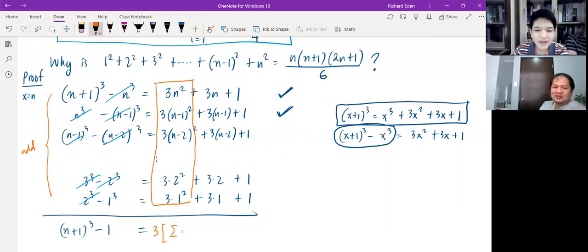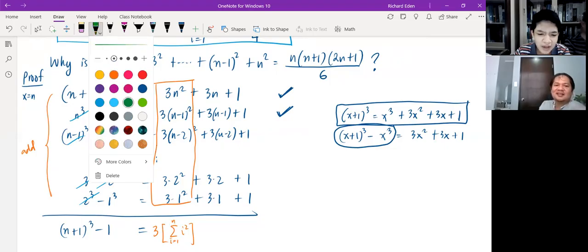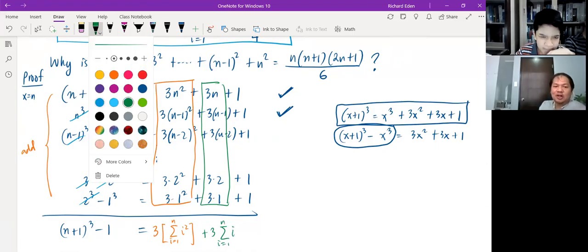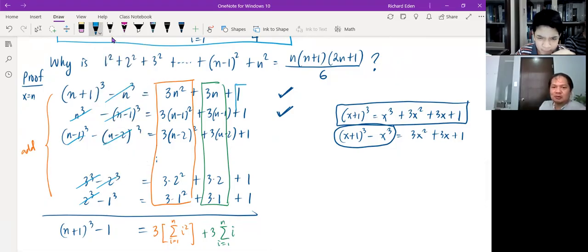So the sum of i squared. And the middle column is 3 times the sum of all integers, which is 3 times the sum as i runs from 1 to n of i. And then the last column, when you add all of them up, what's that going to be equal to?